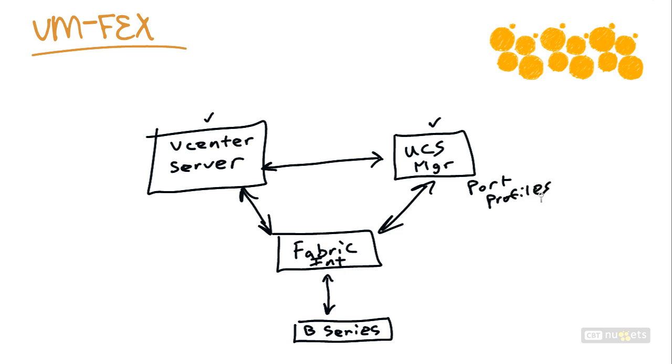Those distributed switches we created and those port profiles are pushed over to our vCenter server. Now we have our distributed virtual switch, and over here we have our port groups for assignment in our vCenter server product. In vCenter, we're going to create our VMs, and those VMs are going to be linked to these port groups.